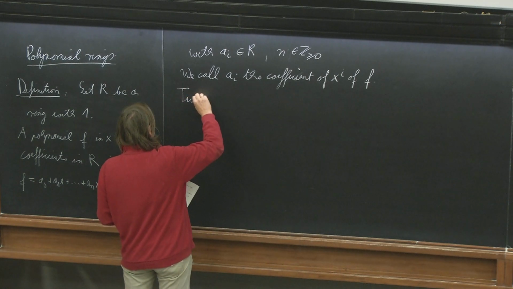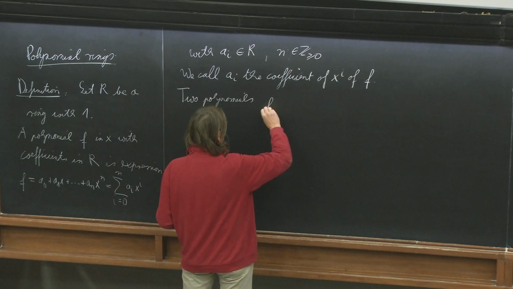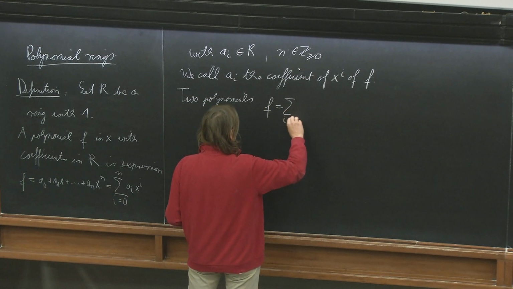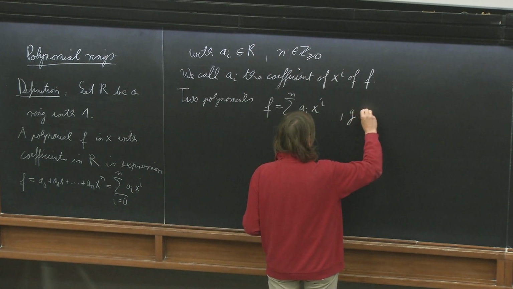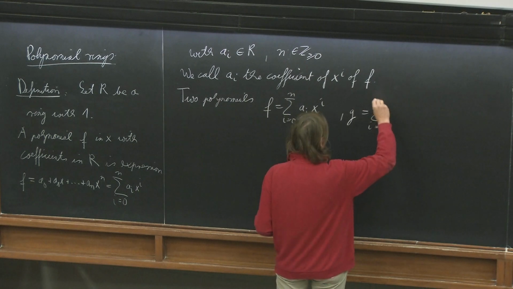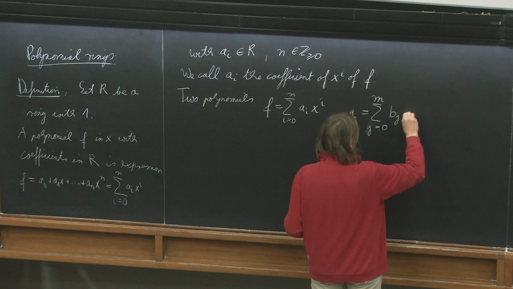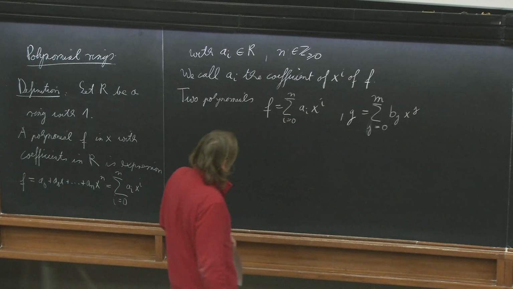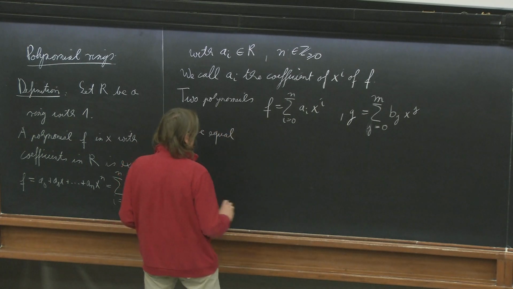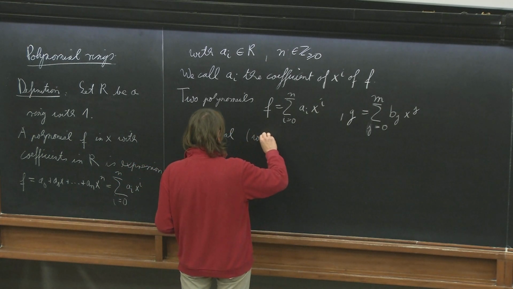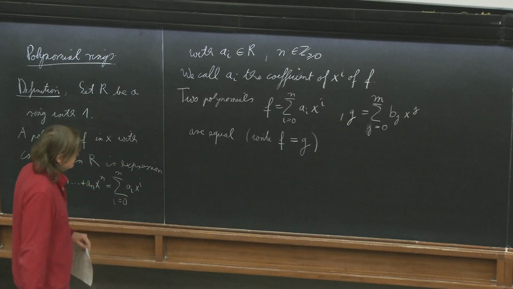And then two polynomials, say f equal to the sum i equals 0 to n of ai x to the i, and g equal to the sum j equals 0 to some other number m of bj x to the j, are called equal, are equal by definition, and I just write f is equal to g, and they are for me the same thing.